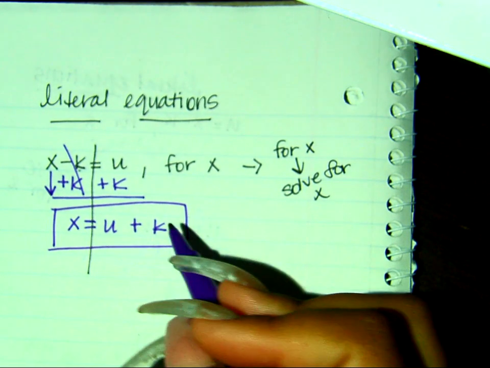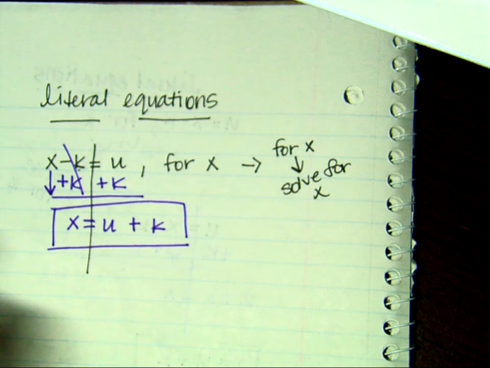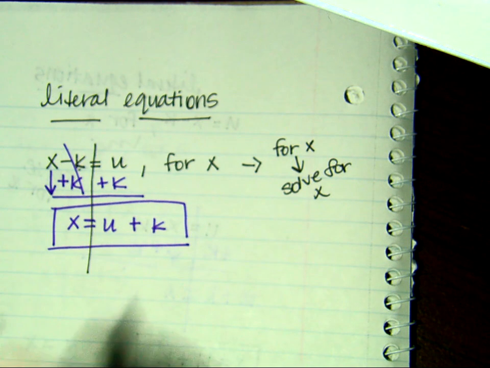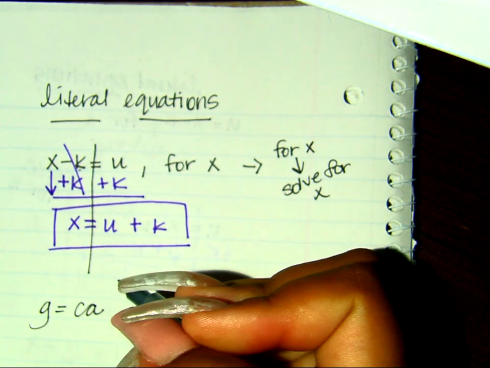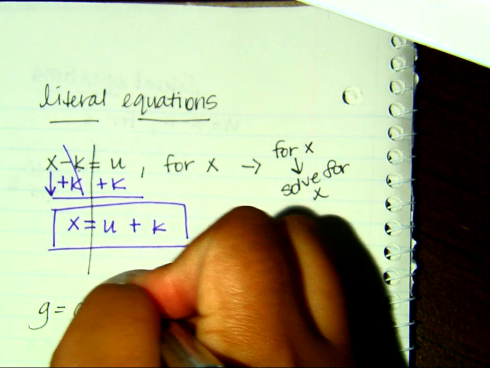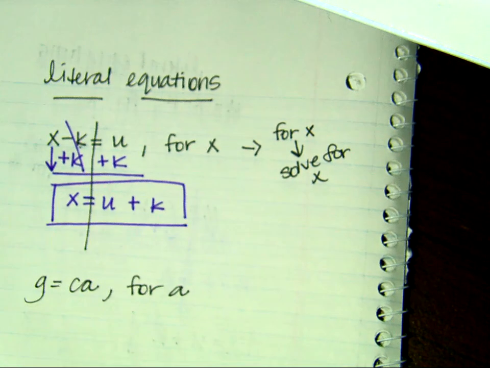I cannot combine u and k together because they are not like terms, and the point of this is to just move the variables around like a formula. Alright, so let's take a look at this example. G equals C A. And we're going to solve for A, meaning we're going to get A by itself.